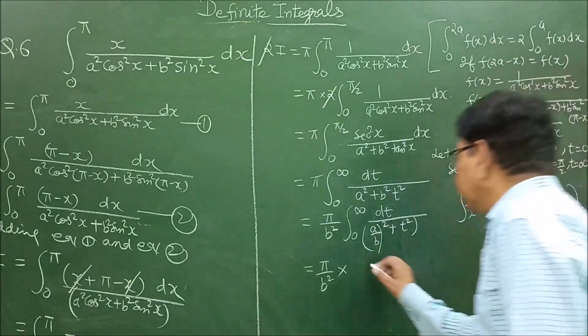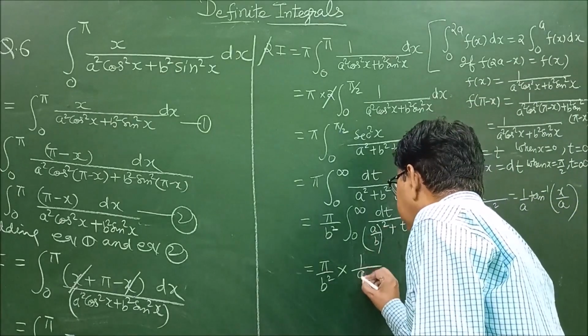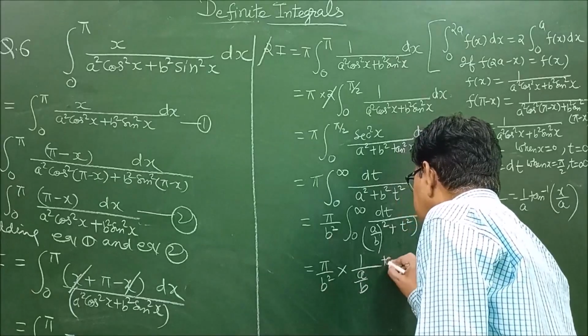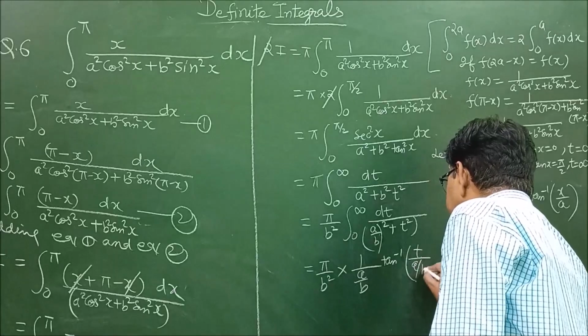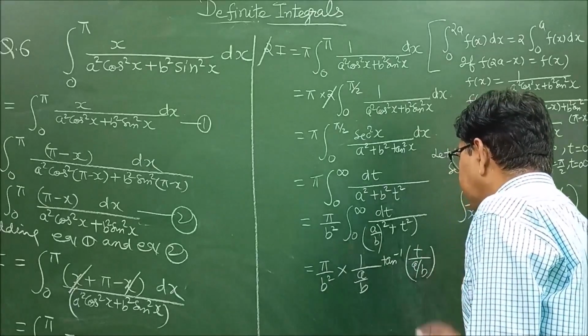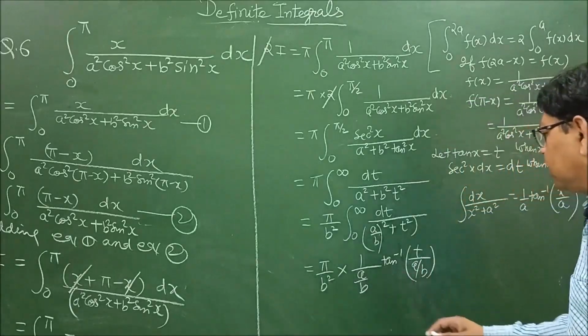So 1 upon a, that is 1 upon a upon b, tan inverse t upon a upon b, and applying the limits from 0 to infinity. Because it is a constant, it can be taken out.